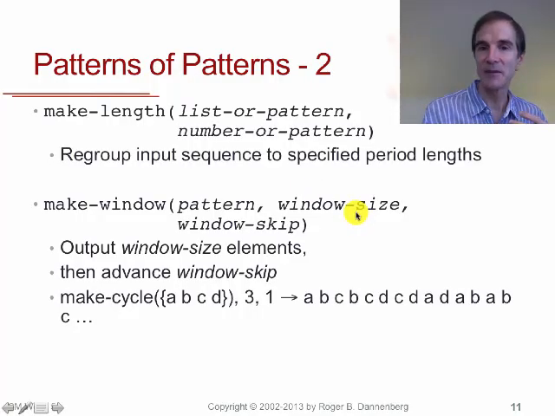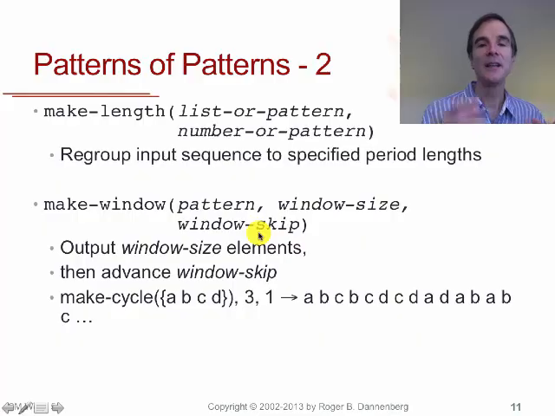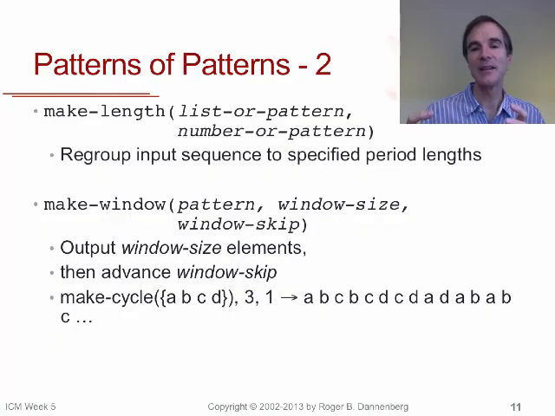Window size is the second parameter. And then you skip ahead into the sequence according to window skip and repeat. You output another window size group of elements, and then you skip. So the skip factor can be much smaller than the window size.